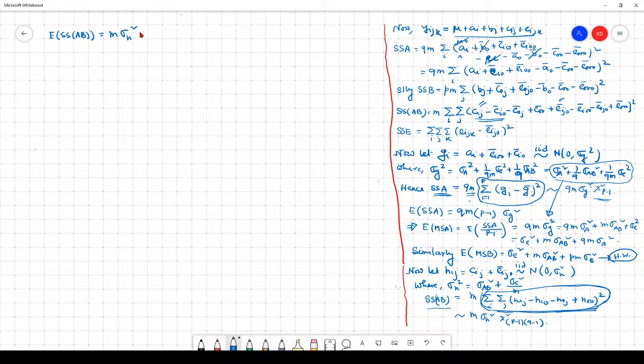This is equal to m sigma H square times p minus 1 times q minus 1.